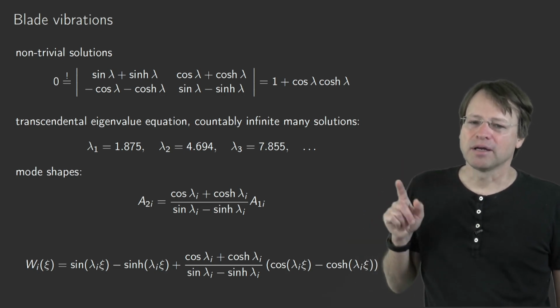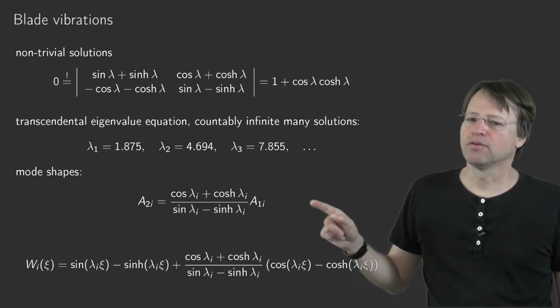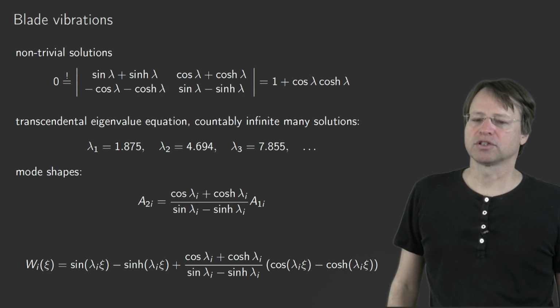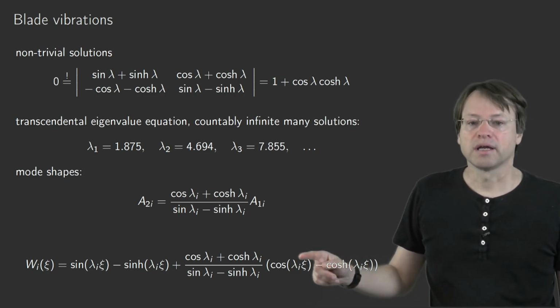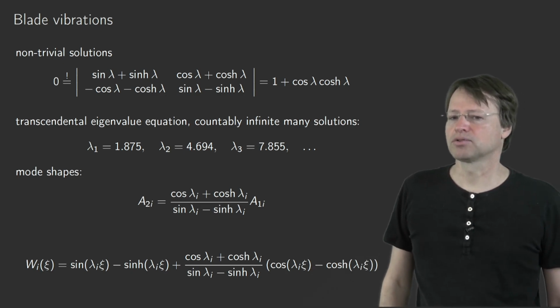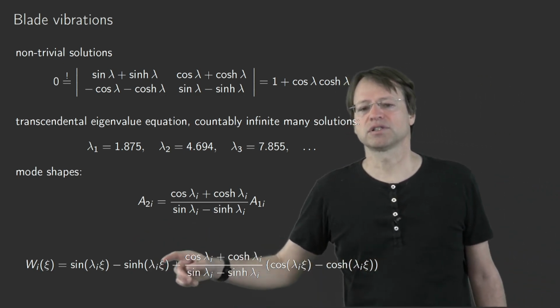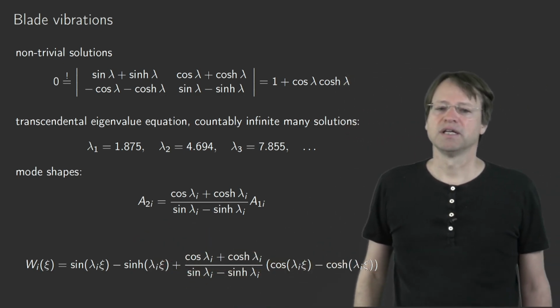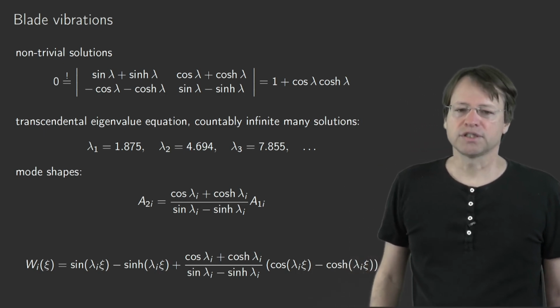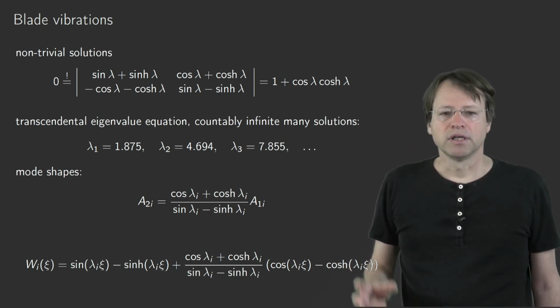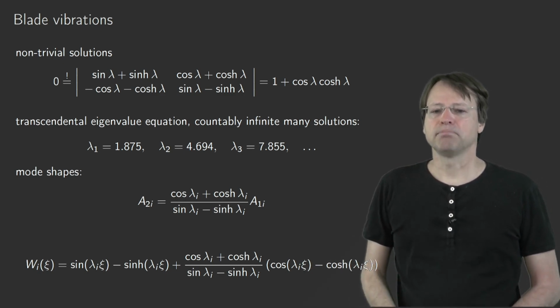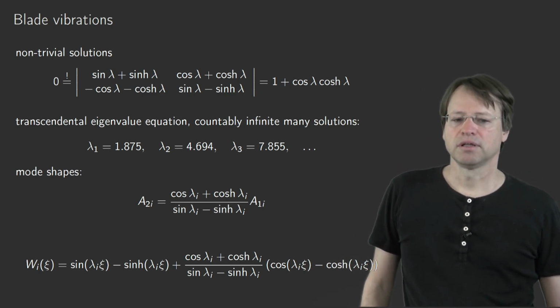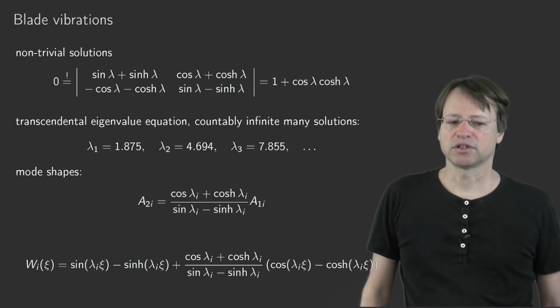But when it now comes to the orthogonality of these mode shapes, of these eigenfunctions, it's difficult to see, also due to the appearance of that constant here, but also to the appearance of sine functions and hyperbolic sine functions, and several of them, that these functions are really orthogonal. So we need a better method to determine the orthogonality of the eigenfunctions.